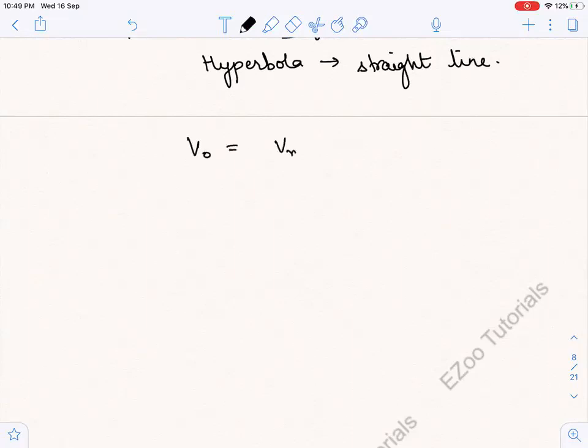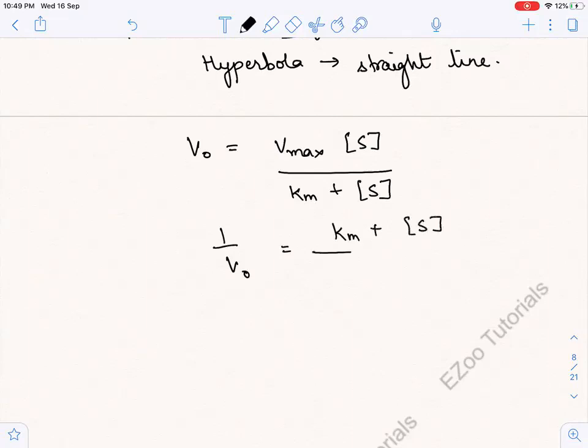V naught is equal to V max, this we already know, right? This is the Michaelis-Menten equation. So 1 upon v naught is equal to Km plus s upon V max s.